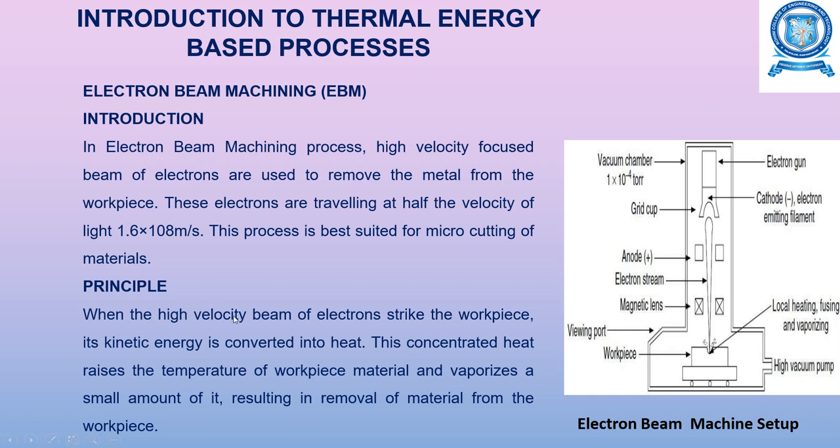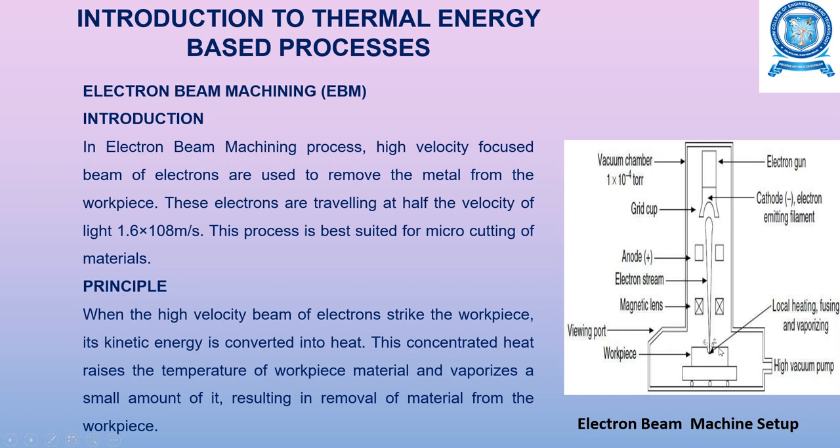Coming to the principle, when a high velocity beam of electrons from the electron gun strikes the workpiece, its kinetic energy is converted into heat energy. This concentrated heat raises the temperature of the workpiece and vaporizes a small amount of it, resulting in the removal of material from the workpiece.